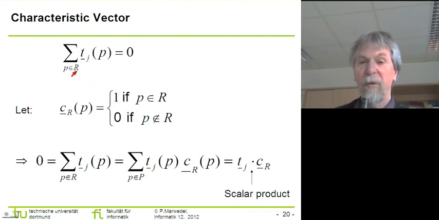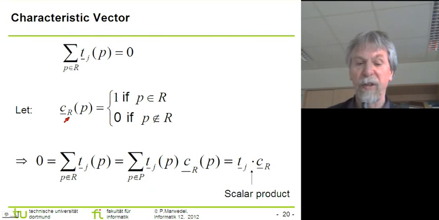So we can work with matrix addition and multiplication based on entire vectors if we introduce a so-called characteristic vector. A characteristic vector is linked to a particular subset R, and it has components for each of the places.